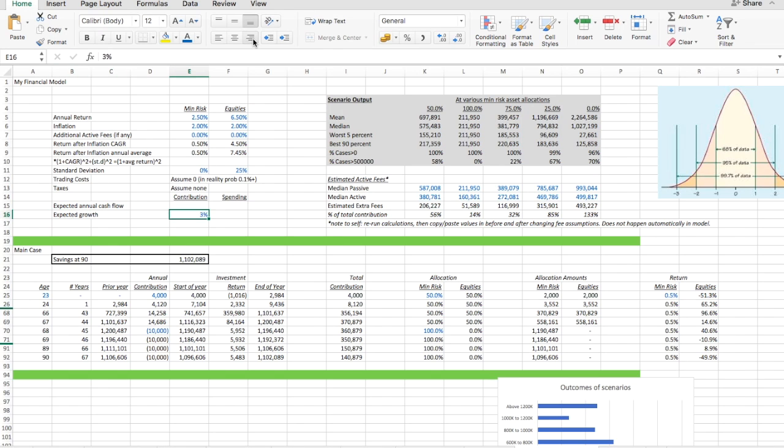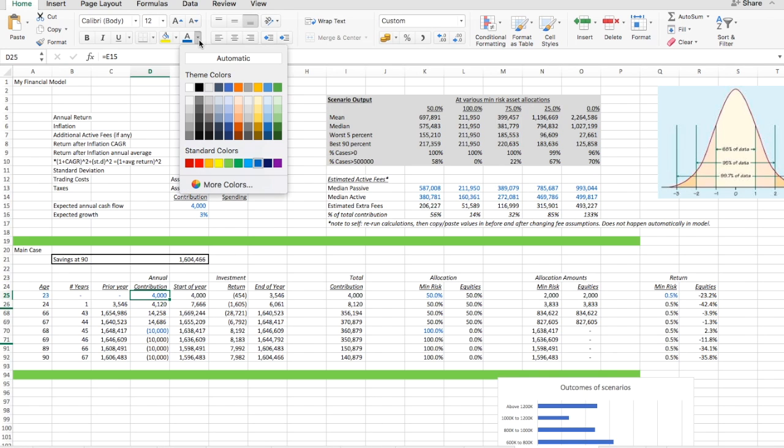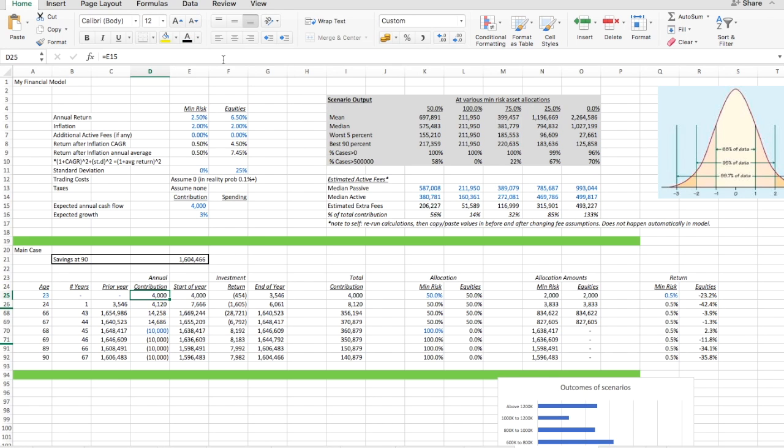So the 3% is still the same. Now let's take the 4,000 and put it up here. Then we can make this equal to that instead, and make this no longer blue but black. It's automatic. And take the 10,000 up here and make this equal. We'll probably have to change that later.